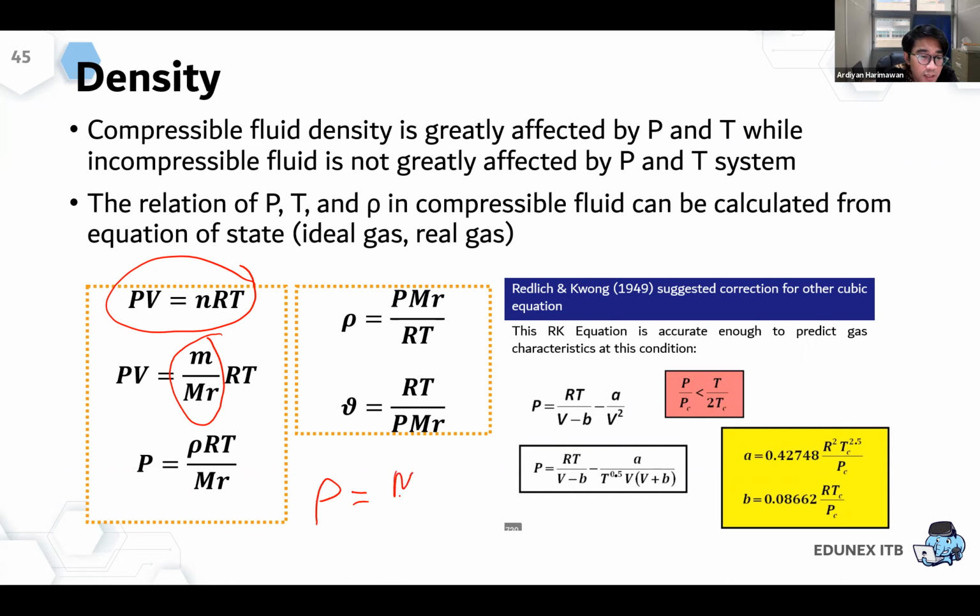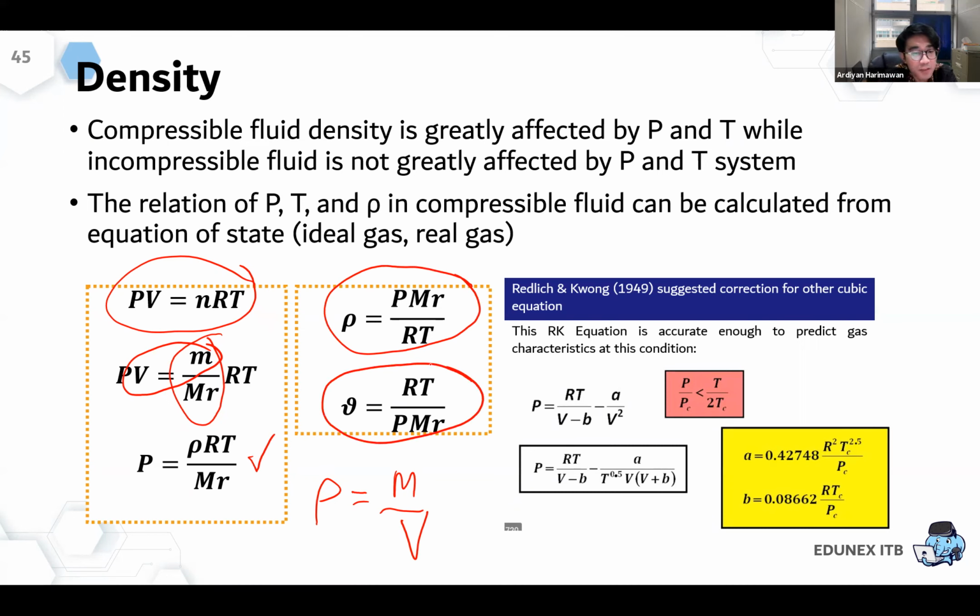So mass over volume is density, so you can change it into this one. Then you can have this correlation for density and this correlation for specific volume. That's for the ideal gas.